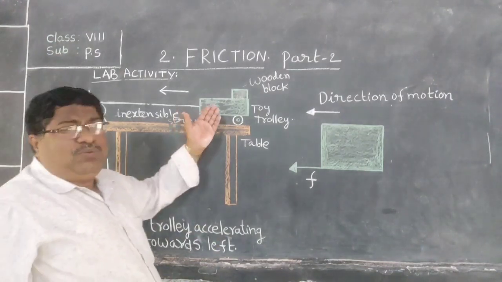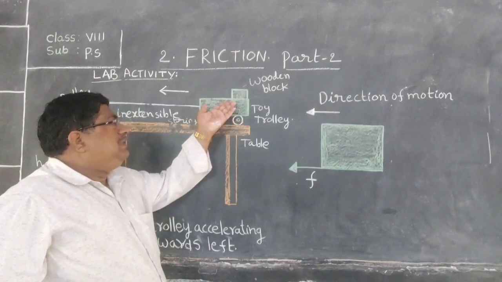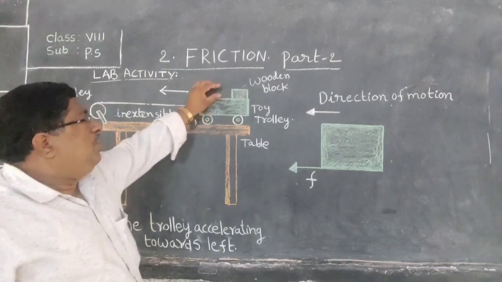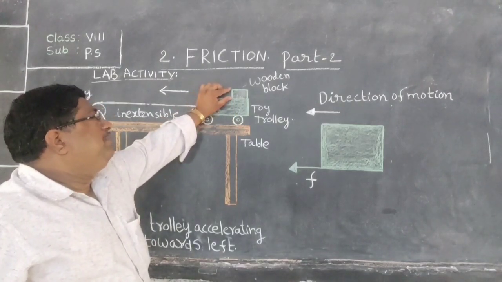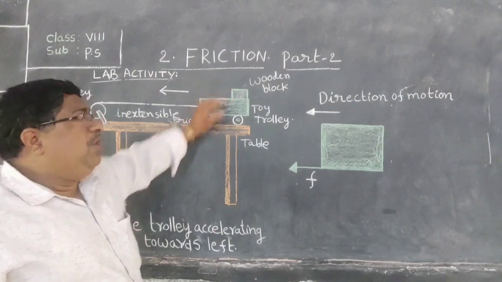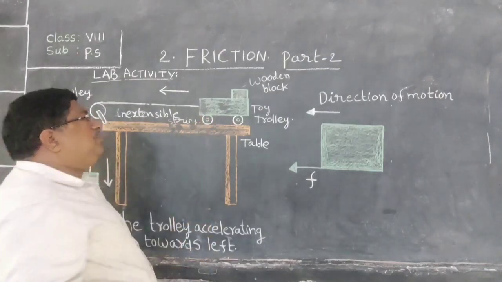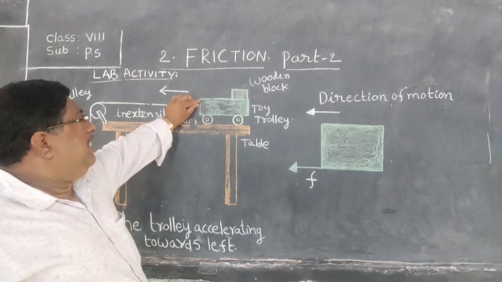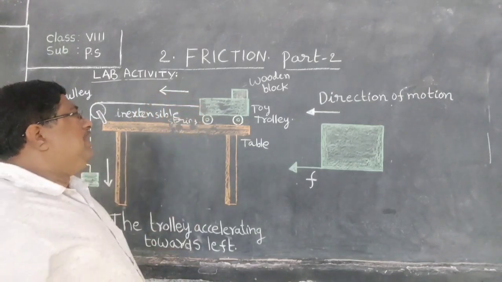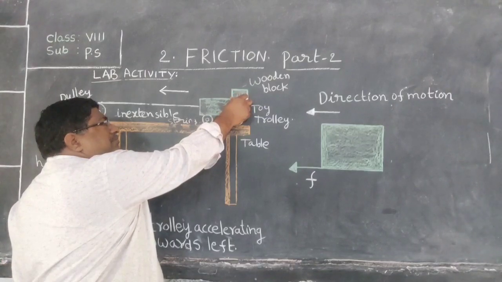Here in this case, what happens? Now the surface of the trolley wants to keep the wooden block at rest. The normal and frictional force present in the trolley is making the wooden block stay at rest.